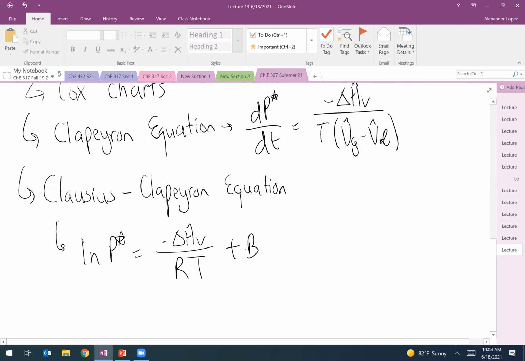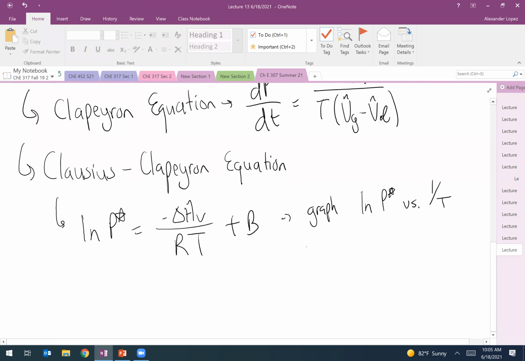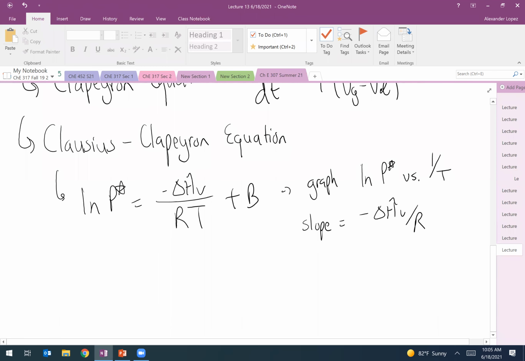From this, we can graph ln of P star as our dependent variable. Our independent variable would be 1 over T, and the slope would give us negative delta H V over R, and the y-intercept would be our empirical constant B.